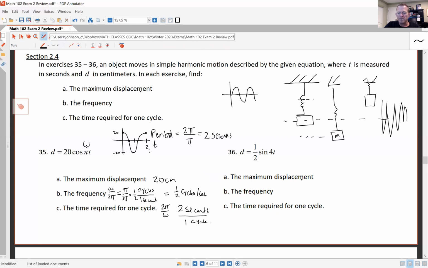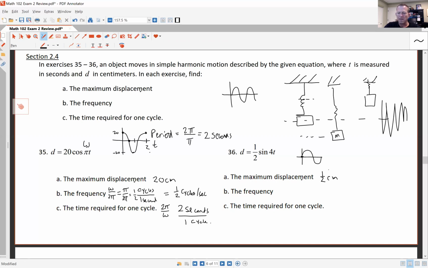In the next one, d equals 1/2 sine 4t. This one means that we started it at its average and maybe gave it a little flick, gave it a little velocity to go through and get up to a half, back to 0, down to a half, and back to 0, the maximum displacement being a half of a centimeter.